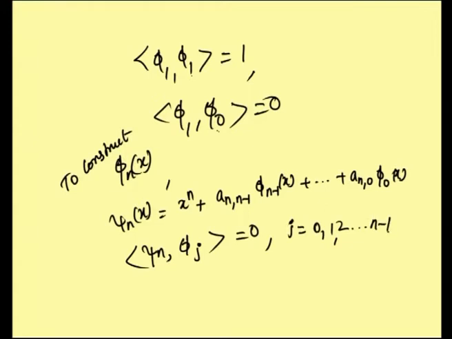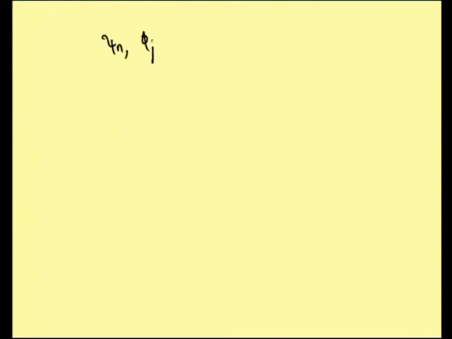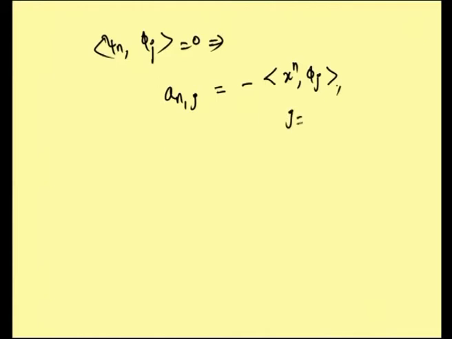Okay. And we will also have psi n comma phi j equals 0, which implies that a n comma j is equal to minus x power n comma phi j. Okay. And then phi n of x will be accordingly, with j from 0, 1, 2, etc. up to n minus 1, phi n of x is equal to psi n of x divided by norm psi n.